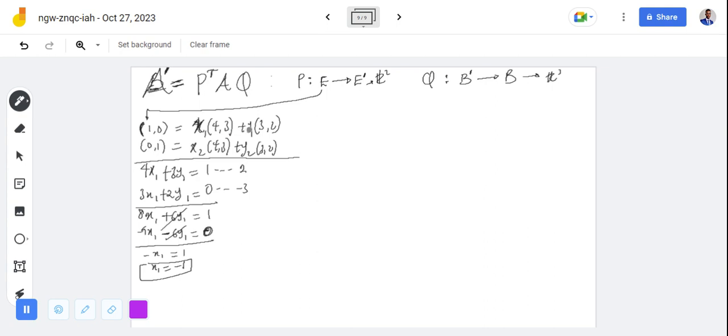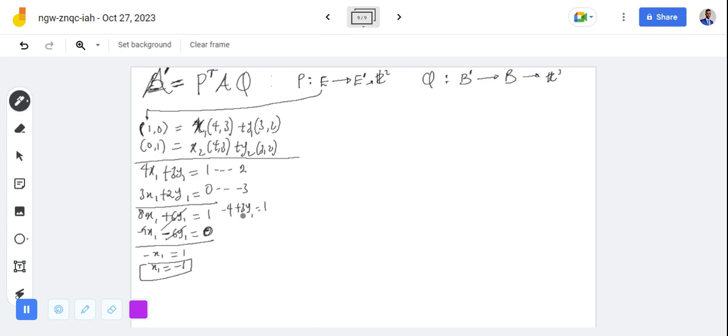We did 4x1 plus 3y1 equals 1. So since our x1 is this, what is going to be our y1? Just come here and substitute. x1 is minus 1. That will be minus 4 here. Then plus 3y1 is equal to 1. If this goes like this, I have plus 1 in that case.